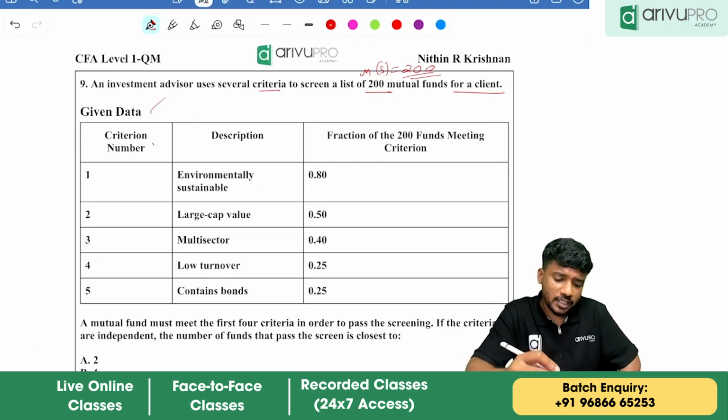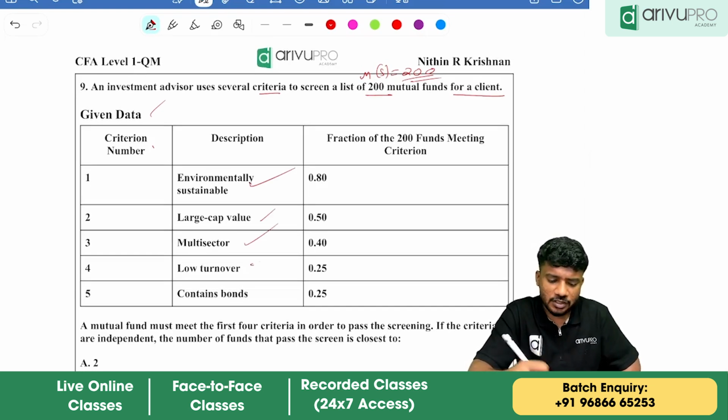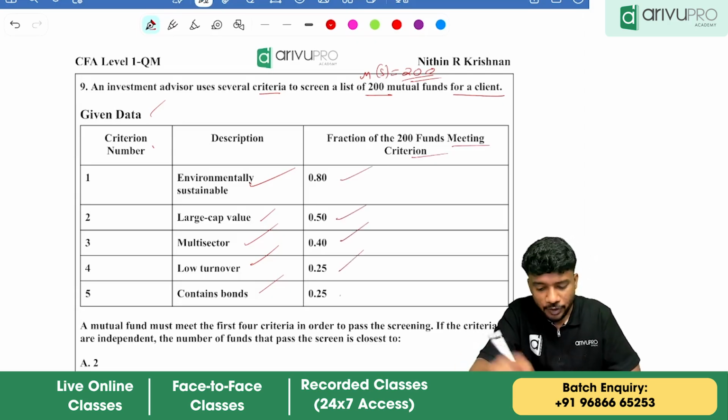Now, criteria numbers are given. The first criterion is environmental sustainability, then large cap fund, multi-sector, low turnover, and contains bonds, with the fraction of the 200 meeting each criterion. The probabilities are also given: 0.80, 0.50, 0.40, 0.25, 0.25.